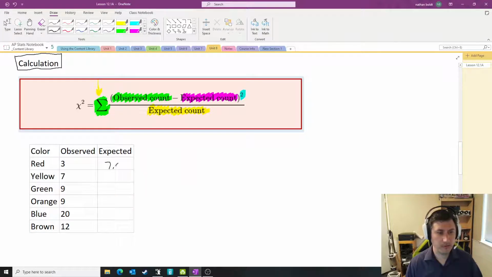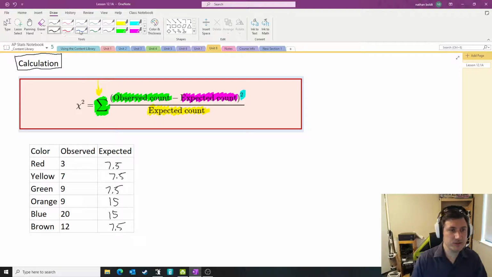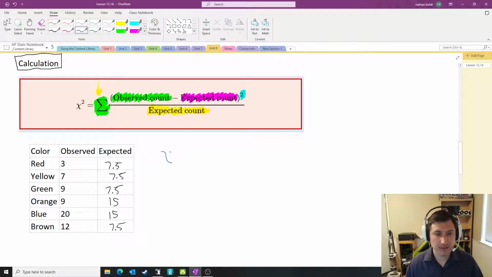That was 7.5, 7.5, 7.5, 15, 15, and 7.5, right? So let's do this. Our chi-squared, so it's like an x, but a little bit curly. That is the Greek letter chi. And it's squared because this is all coming from squared numbers. So the chi-squared test statistic.